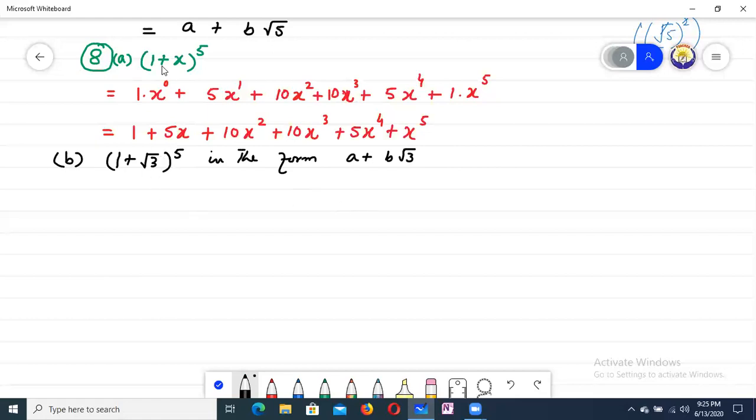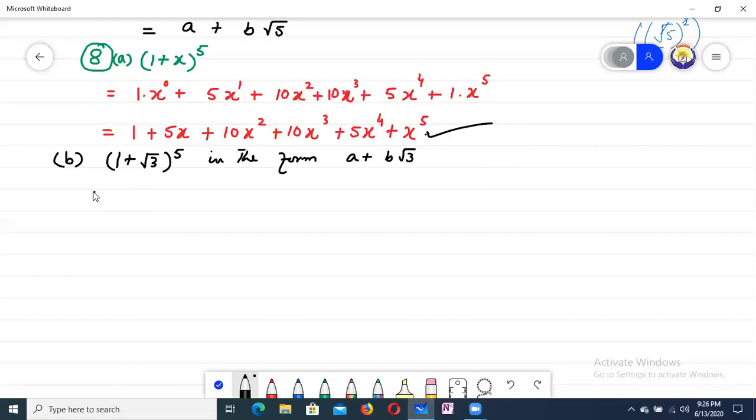When we are comparing this part A and part B, 1 is at the place of 1, x is square root of 3, and the power is 5 in both the binomial expansions. As x is square root of 3, then in this expansion we have to substitute square root of 3 at the place of x.